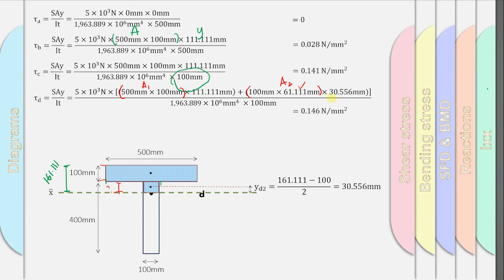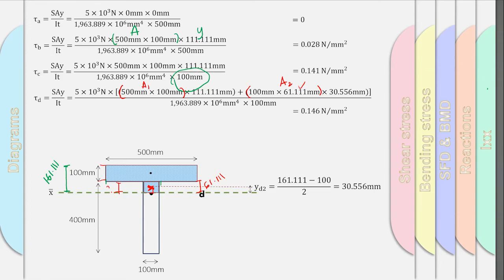And for the distance from YD2 ni, okay, kita nak dapatkan YD2, maksudnya centroid untuk area yang kita kira ni ke centroid semua. So kalau you dah dapat daripada sini ke kan, you dapat 0.111, so obviously kalau separuh dia adalah 61.111 divide by 2, dan you dapat 30.556.